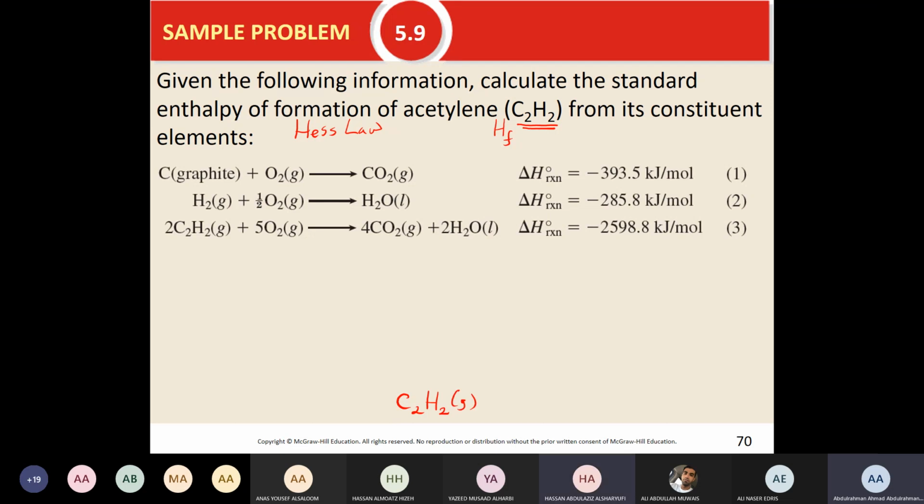Heat of formation. C solid, graphite, plus H2 gas, to make C2H2 gas.